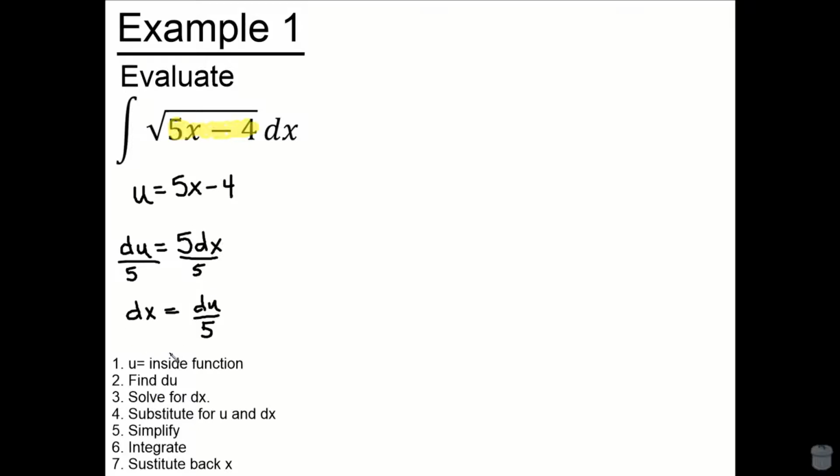Here is our side work, and now here is where our main work is going to begin. Step 4. So we're going to substitute for u. I'm going to replace the 5x minus 4 with u and the dx. This dx is going to get replaced with the du over 5. So this is going to change how it looks. We're going to have the integral of the square root of u. The dx is now du over 5.